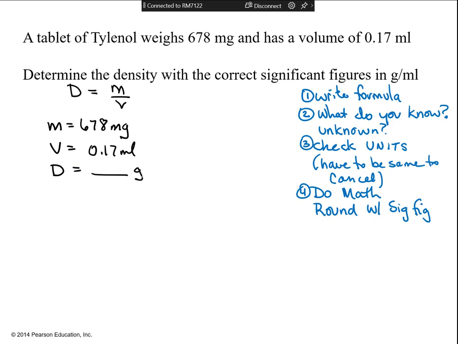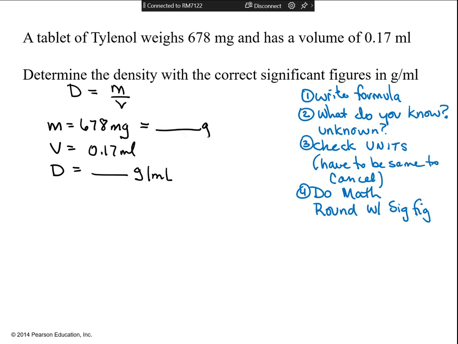So I've got to figure this out in grams per mil. So do I have grams per mil? No. So notice, if you're given a unit value you want your answer in, check your units. So see that mass is not in grams, mass is in milligrams. So that means that I'm going to have to convert this to grams.